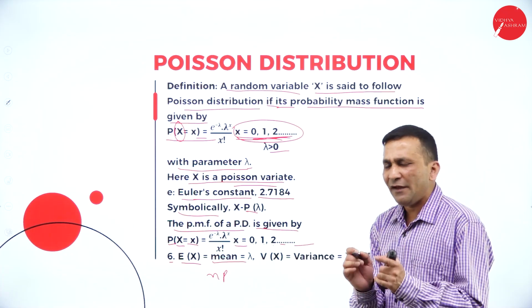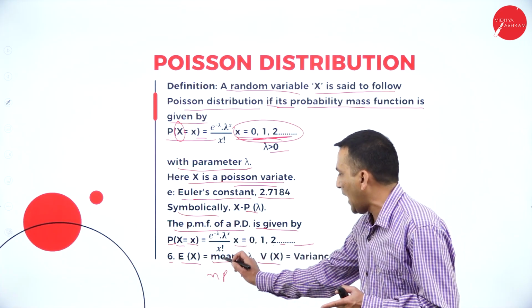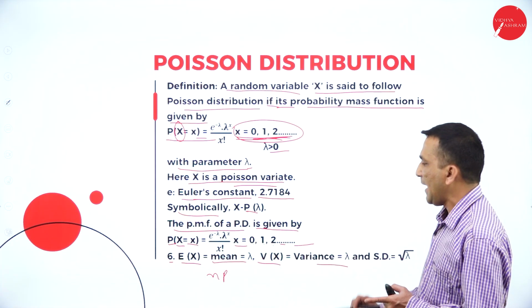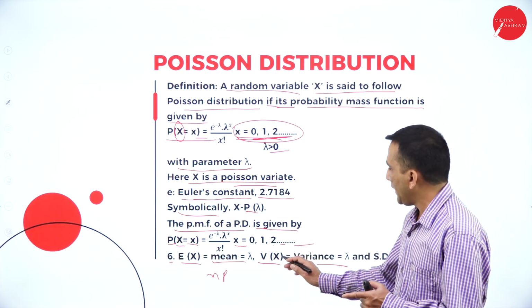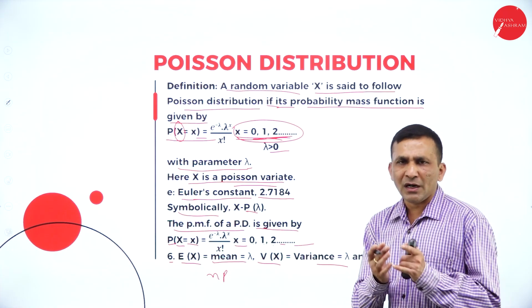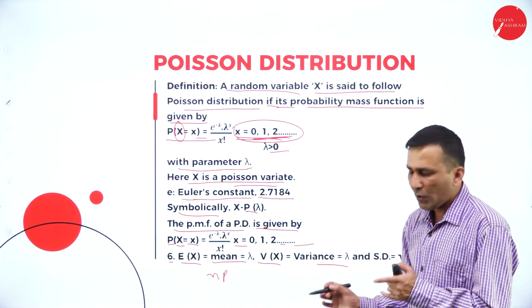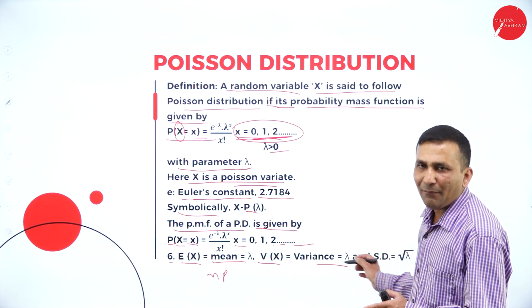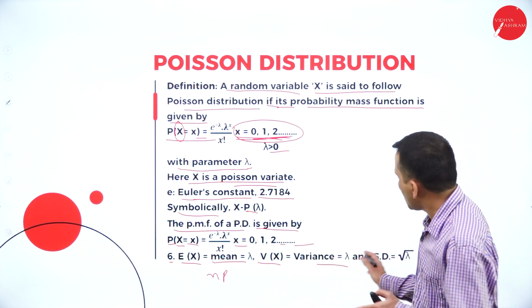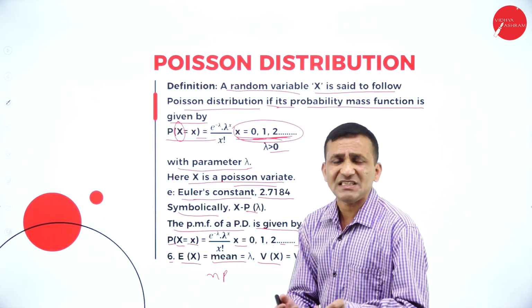The variance V of x is equal to lambda; both are the same. Variance is always equal to lambda. When you take the standard deviation, inside the square root you write mean, or lambda, which is your mean value, and that gives you the standard deviation value.